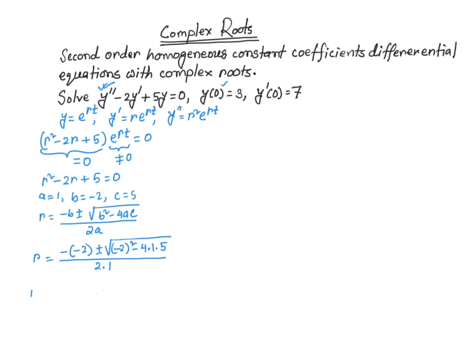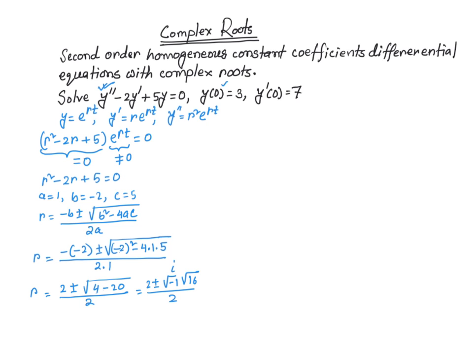So my r is going to be 2 plus or minus square root of negative 2 whole square is 4, minus 5 times 4, 1 times 4 is 20. All of it divided by 2 times 1 is 2. So it's going to be 2 plus or minus square root of negative 1 times square root of 16. Because square root of negative 16, I could write it as square root of negative 1 times square root of 16, all of it divided by 2.